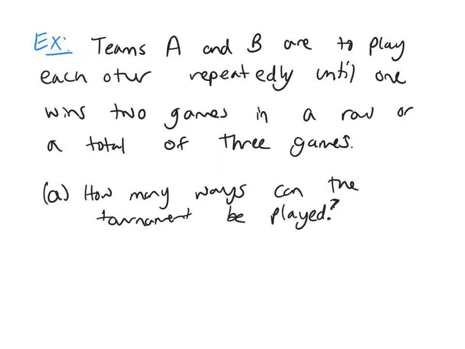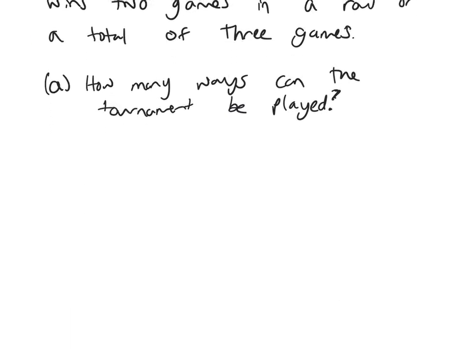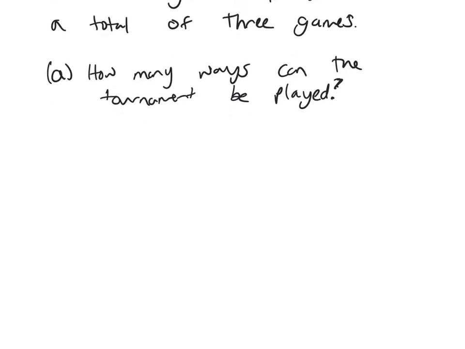So here would be a good case of using a possibility tree because there's a game 1 and a game 2, and so events are happening in a certain order. So let's draw the possibility tree here. I'm going to draw a point here, and this is the start of the tournament.